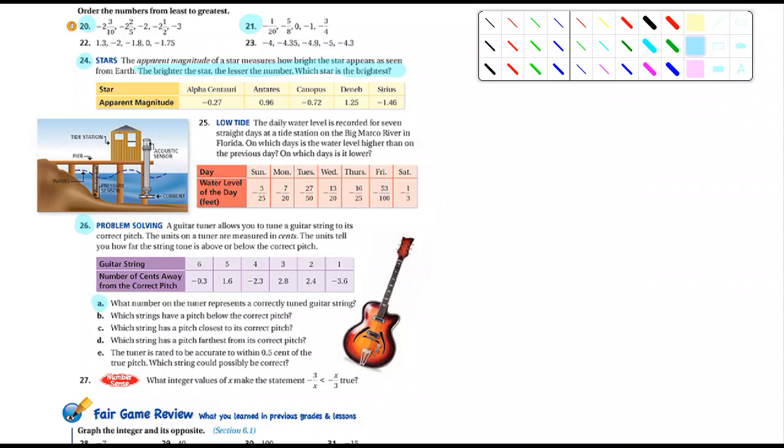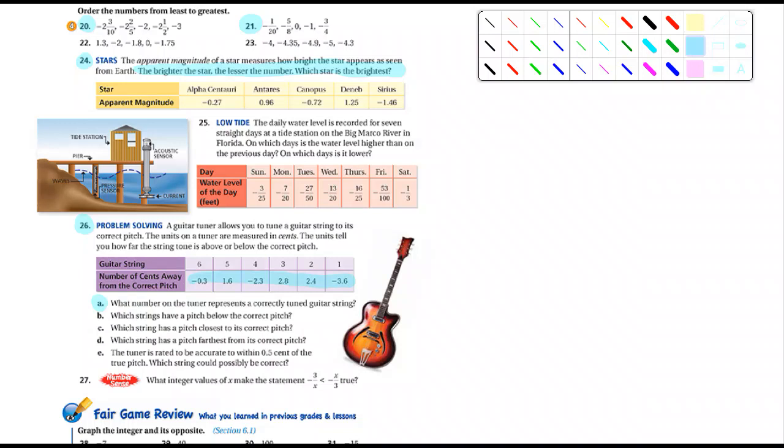These are the units here, I would gather. I don't play a musical instrument. Do you? So maybe you understand this. So the units tell you how far the string, okay. So what number on the tuner represents a correctly tuned guitar string?